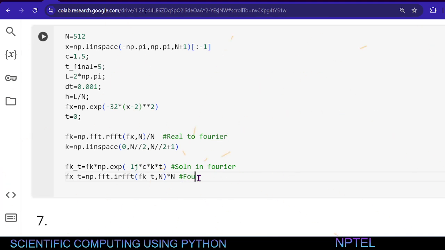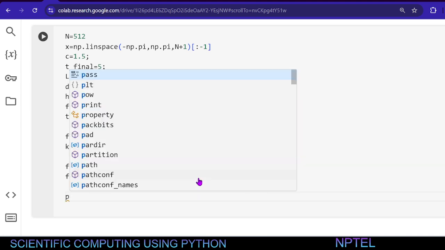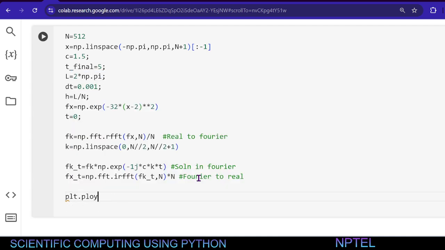So this is Fourier to real. And then we plot. What should we plot? x and fxt.